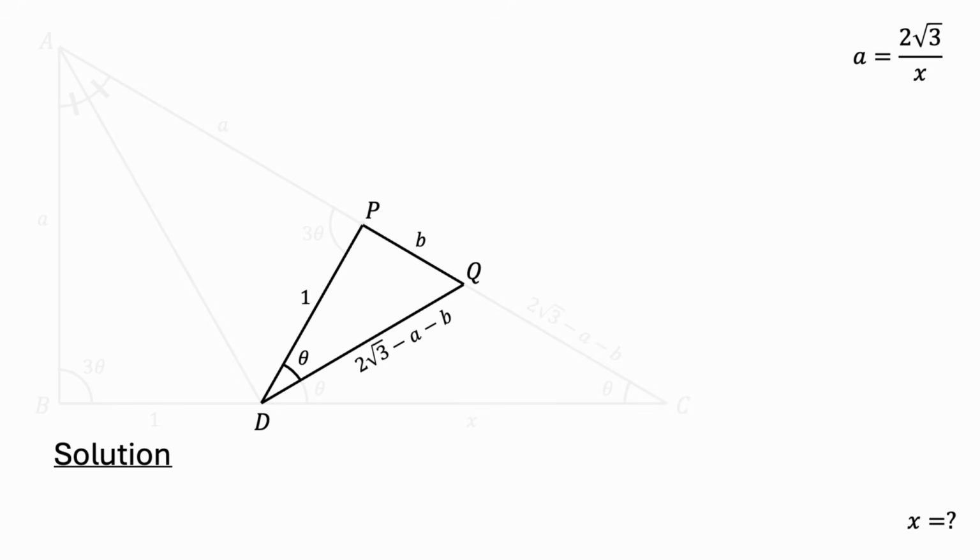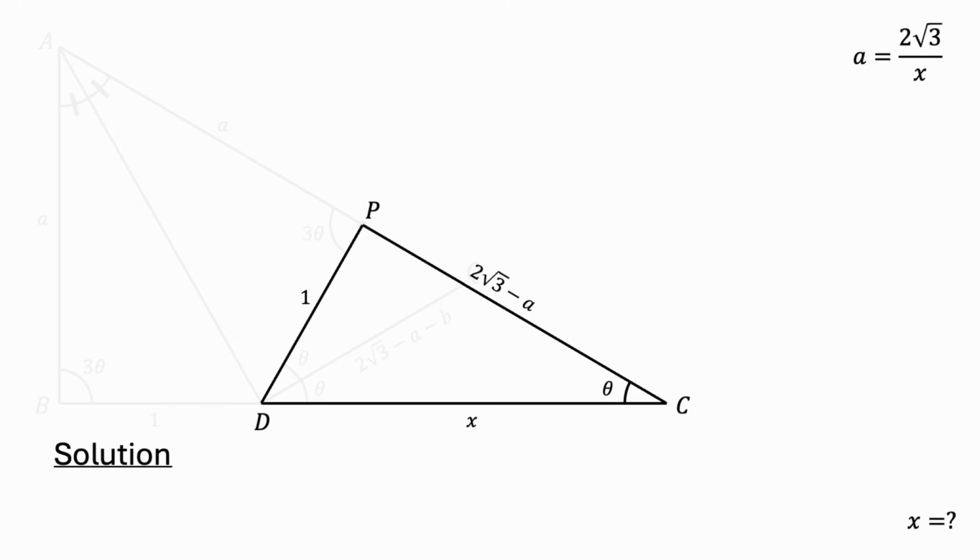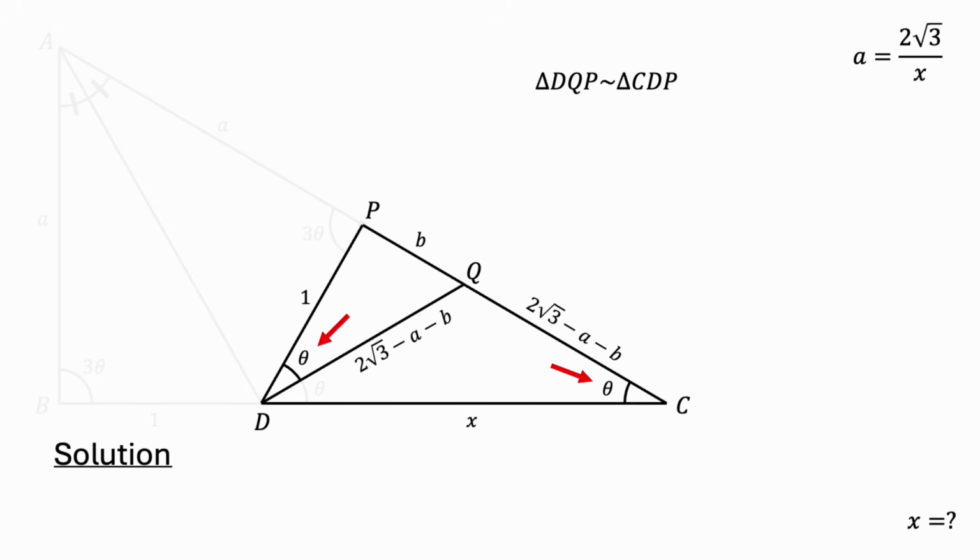Finally, consider triangle DQP and triangle CDP. We claim that triangle DQP is similar to triangle CDP. Since angle PDQ equals angle PCD equals theta, and this angle is common to both triangles, by the AA similarity criterion, the two triangles are similar.